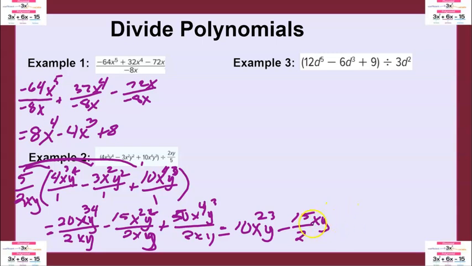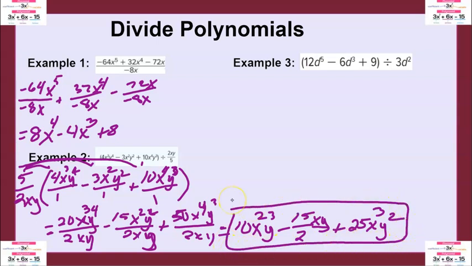Make sure that's on the top. And then I have plus 50 divided by 2 is 25. x to the 4th divided by x is x cubed. And then y cubed divided by y is y squared. So this would be my final answer.